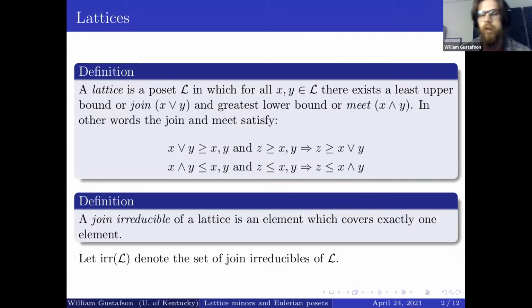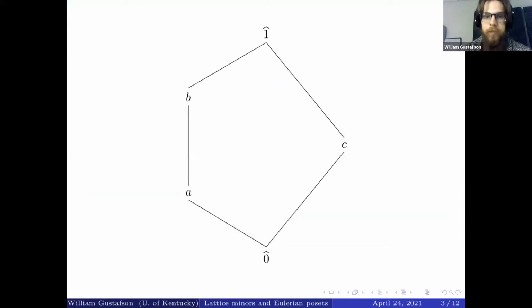This is an element which covers exactly one thing in this poset. This lines up with usual algebraic irreducibility: if you want to write it as a join, you need to use that element itself. Here's a small example of a lattice, and the join irreducibles here are A, B, and C. We'll come back to this example later.